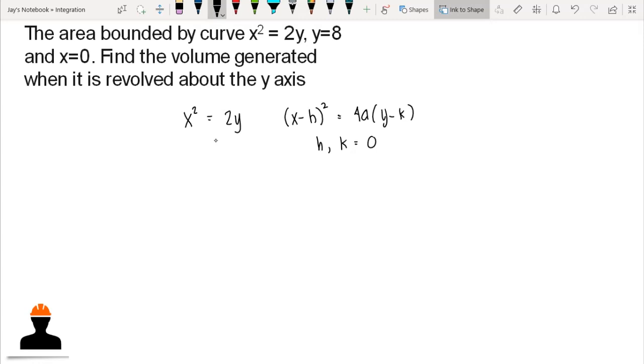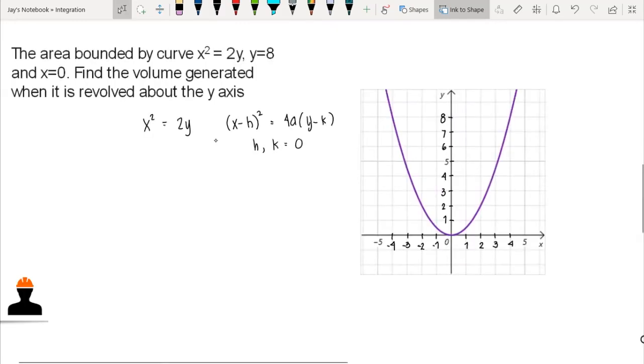So therefore, we can say that the vertex of our parabola is at the origin of our Cartesian plane. So let's try to draw. Now we have this parabola. Again, our vertex, or the minimum point of our parabola, is located at the origin, or at (0, 0).